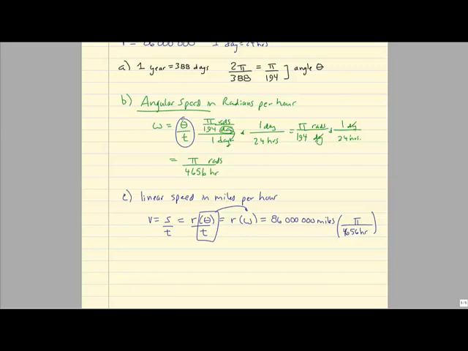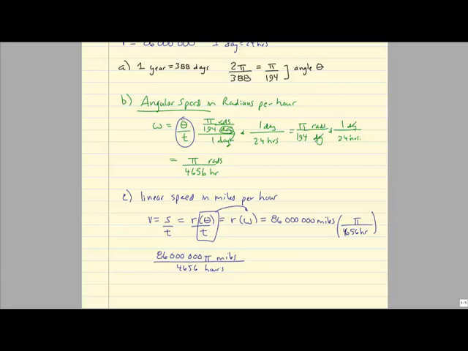So if we were looking for the exact value here, I could just say, oh, it's 86 million pi miles per 4656 hours. Now if you wanted, you could reduce that and that would be your exact answer. But let's go ahead and look for a decimal approximation.